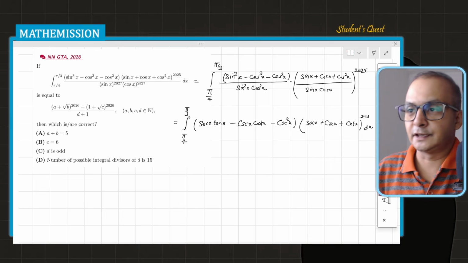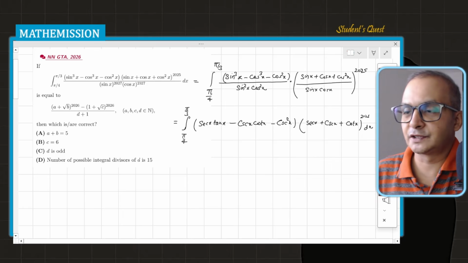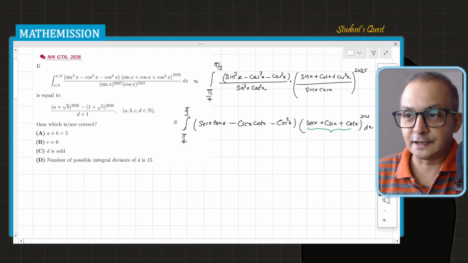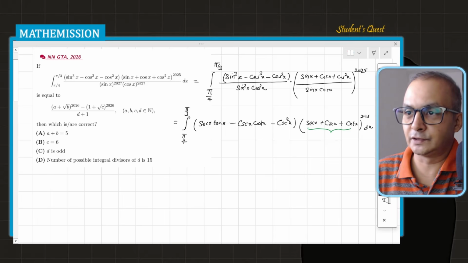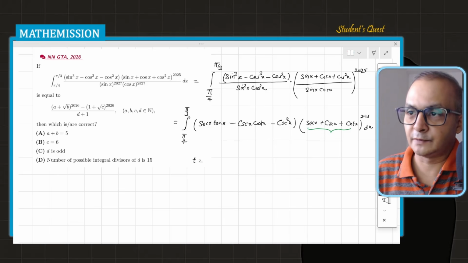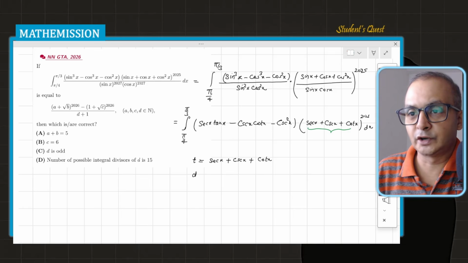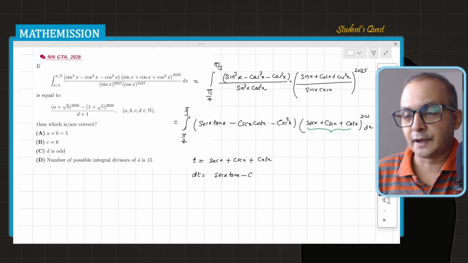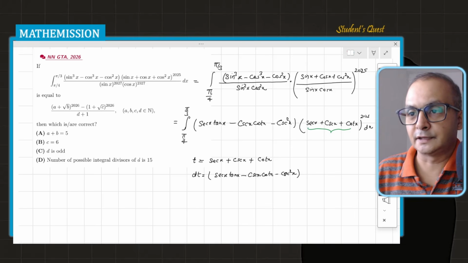Now notice it's an easier substitution we have now, because as soon as we substitute this thing as t, its derivative is already seen in the integrand, means the factor. So we take this t, and at the same time we will change the limits. So t I'm taking as secant x plus cosecant x plus cot x. So dt will become exactly the same, that is secant x tan x minus cosecant x cot x minus cosec square x, and this is dx.